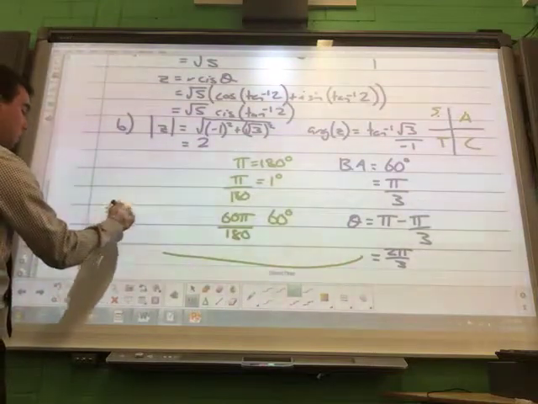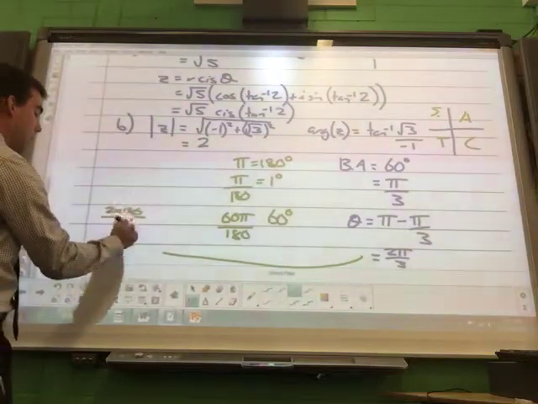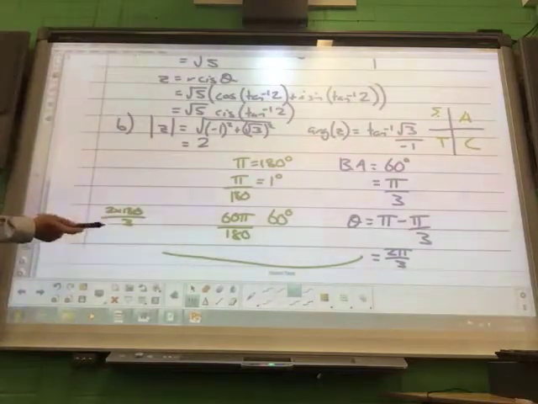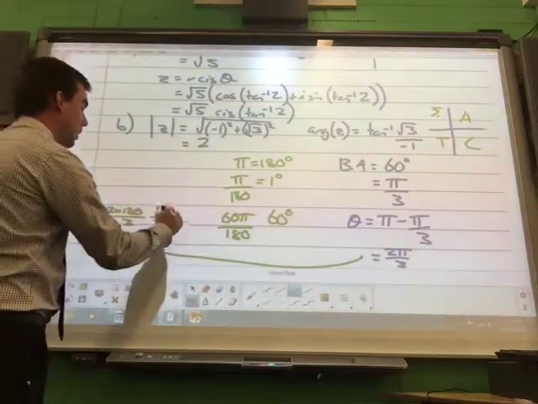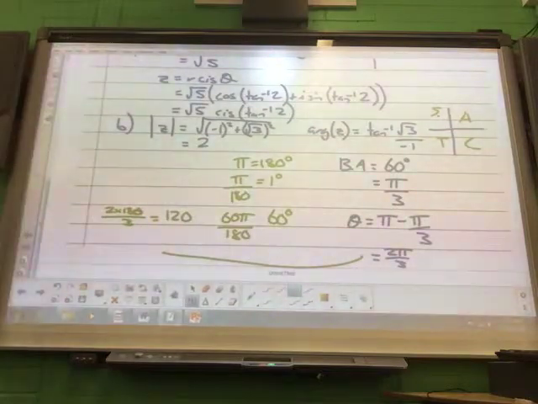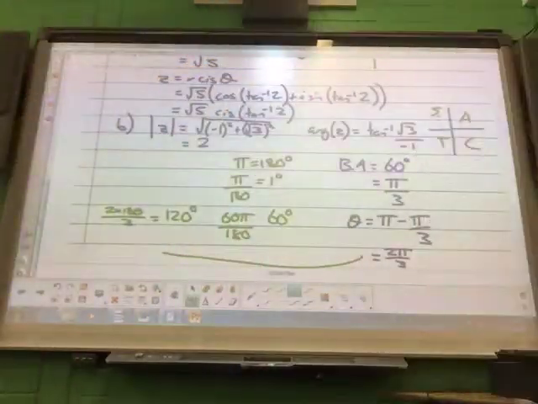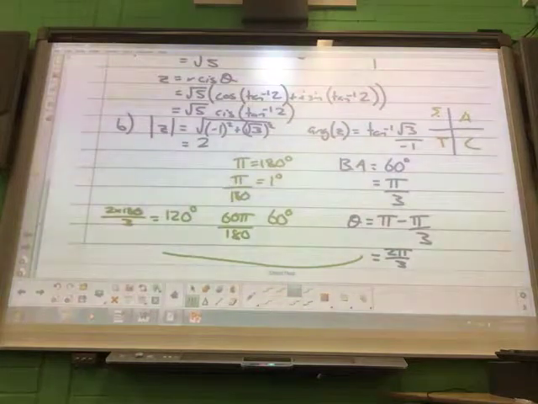So 2 times 180 over 3. 180 divided by 3 is 60. 2 times 60 is 120 degrees. Okay, so we'll get this filled in when we get further opportunity.